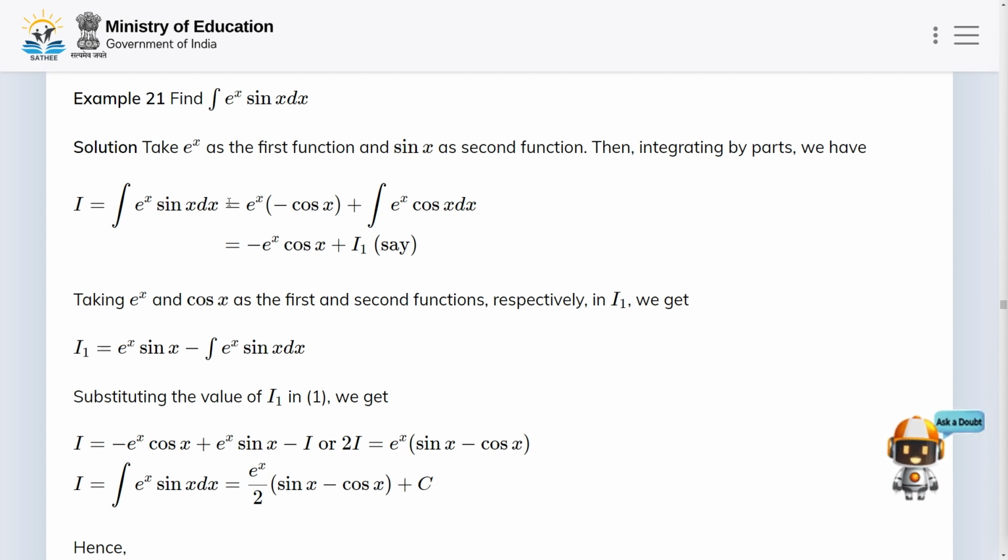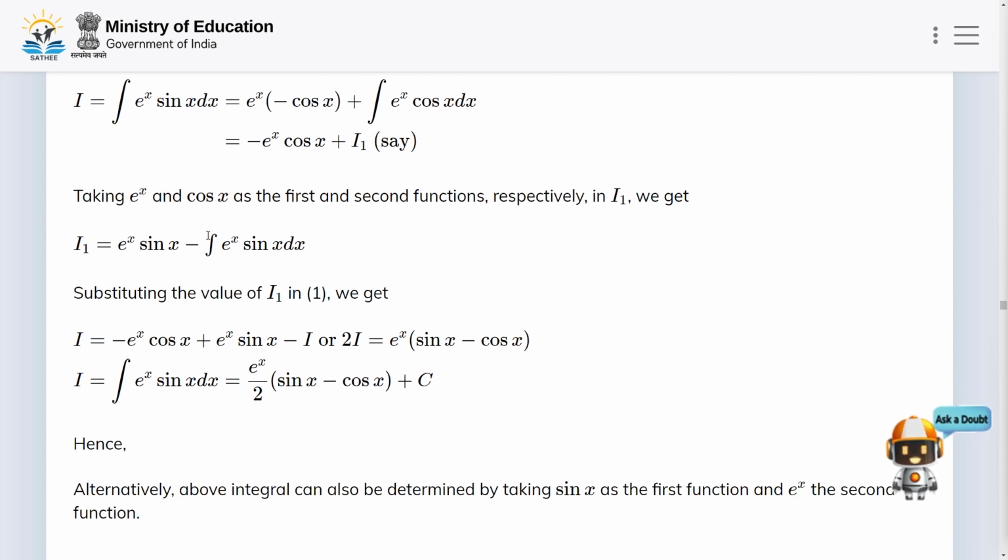The first function as it is, e^x remains as it is. Now the integration of sin x will be minus cos x, plus the integration of the derivative of the first function and the integration of the second function, which gives you minus e^x cos x plus I1. Say this integral as I1.